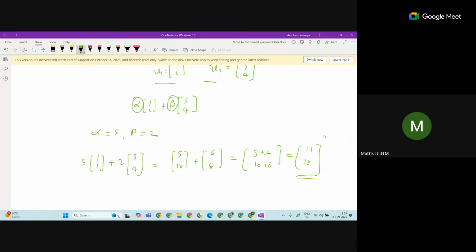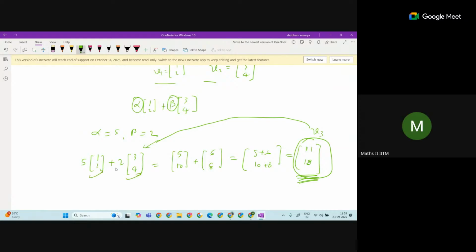So you got this vector (11, 18). Let's say I'm calling it v3. This v3 is a linear combination of these two vectors. It means I have some vectors, I multiplied and added them, and whatever vector I got, you can say is a linear combination of these two vectors.